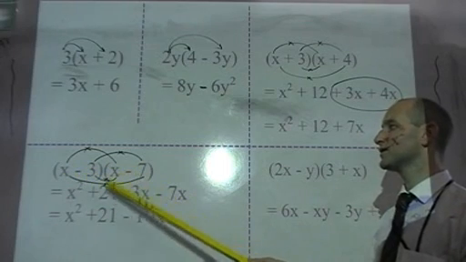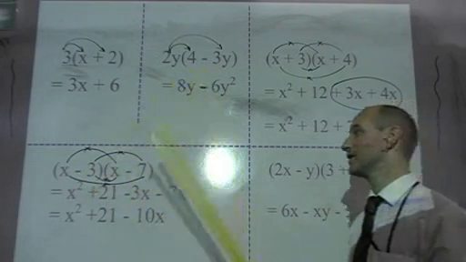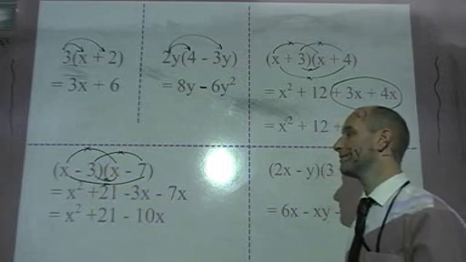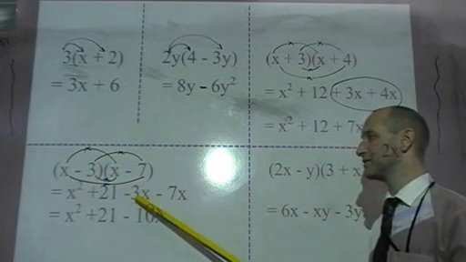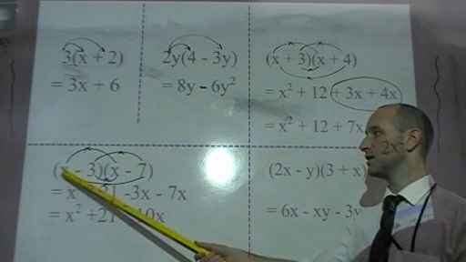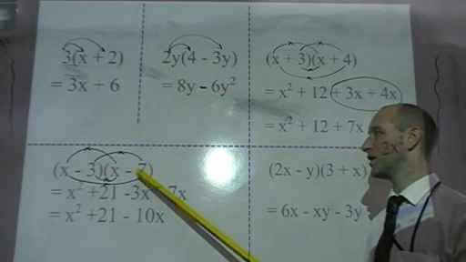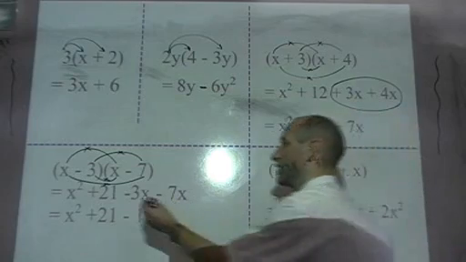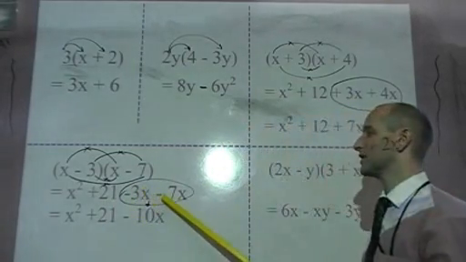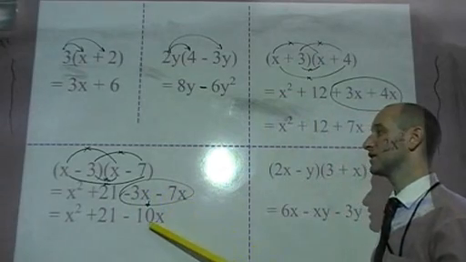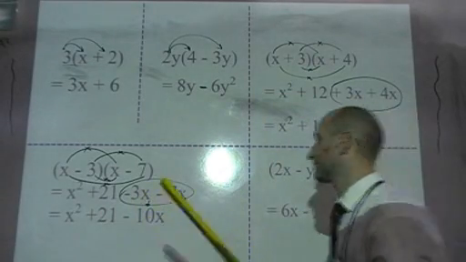Minus times a minus is a plus. So you must be really careful there. And then doing the nose, minus 3 times x is minus 3x. Then doing the mouth, x times minus 7 is minus 7x. I then simplify these two. Minus 3x minus another 7x is minus 10x.